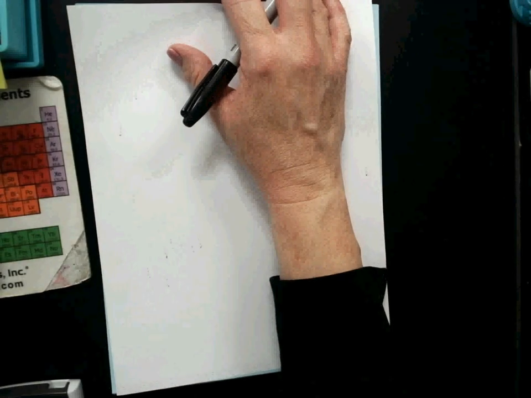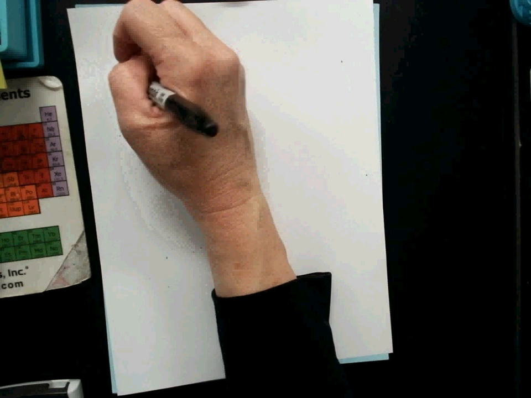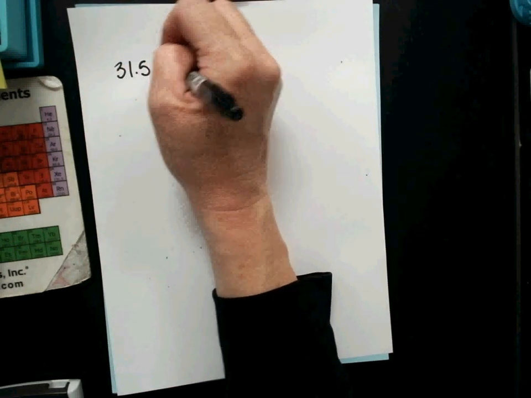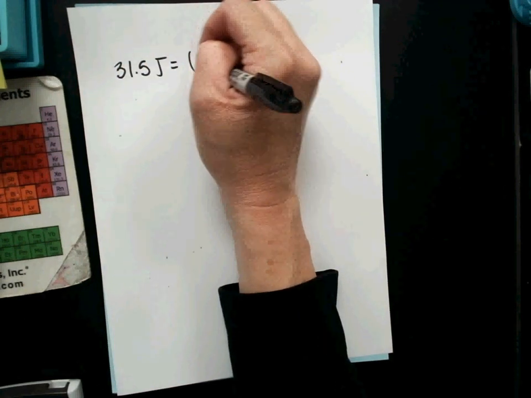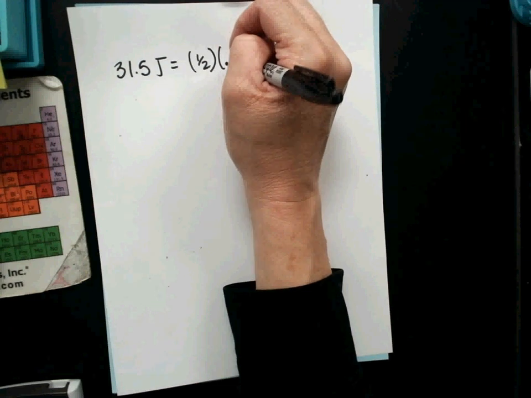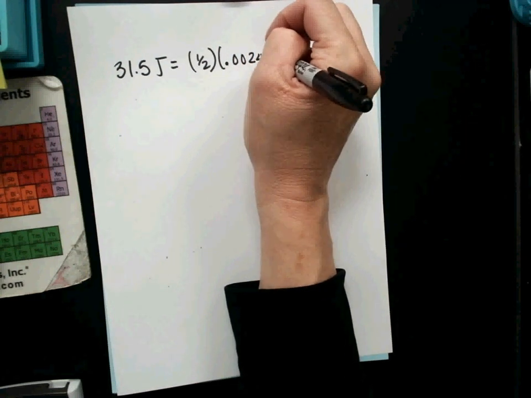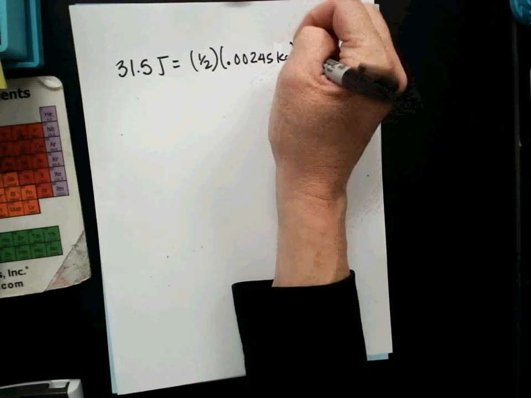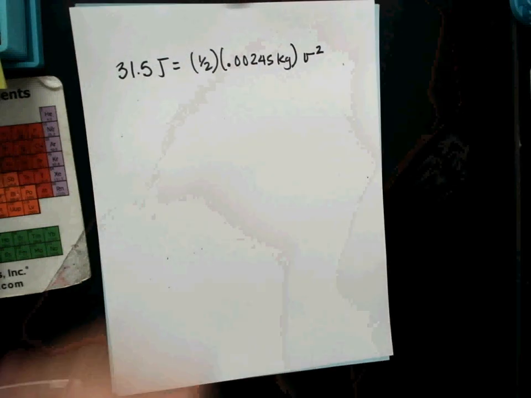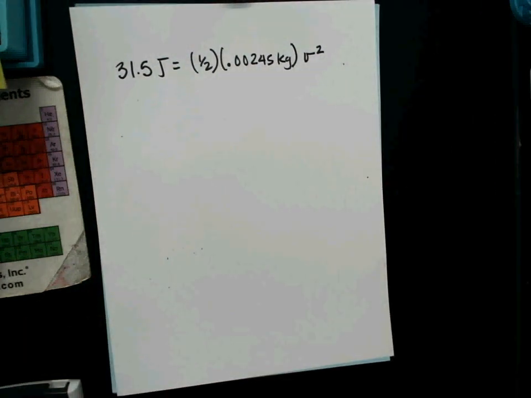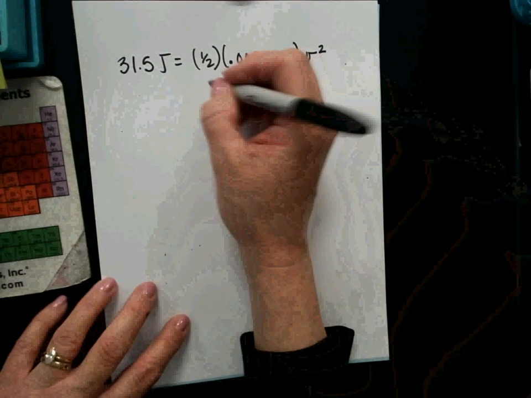Now I'm going to put that over on the other paper so it's bigger so we can see it. 31.5 joules equals 1/2. So the first thing I want to do, and I'm going to work through this because sometimes we have difficulties with this, I want to get V squared by itself.